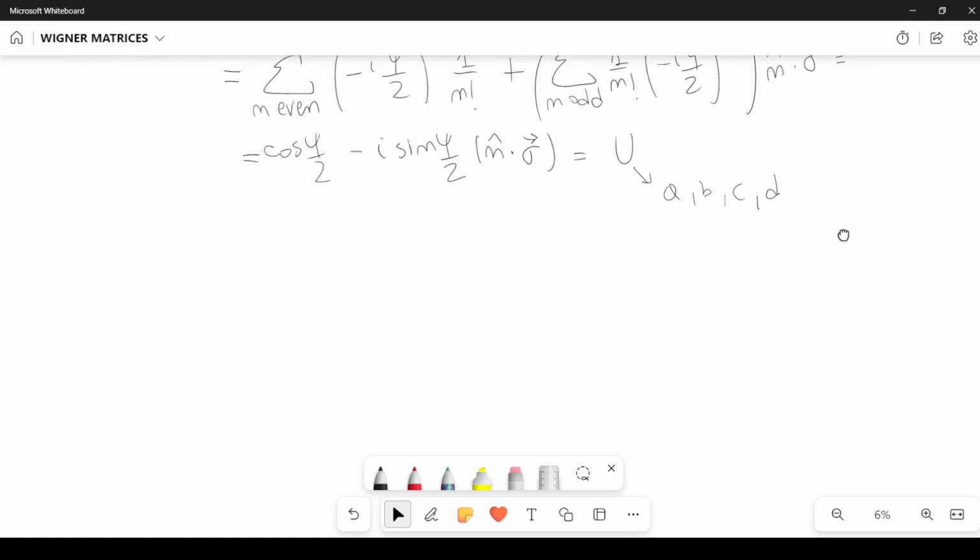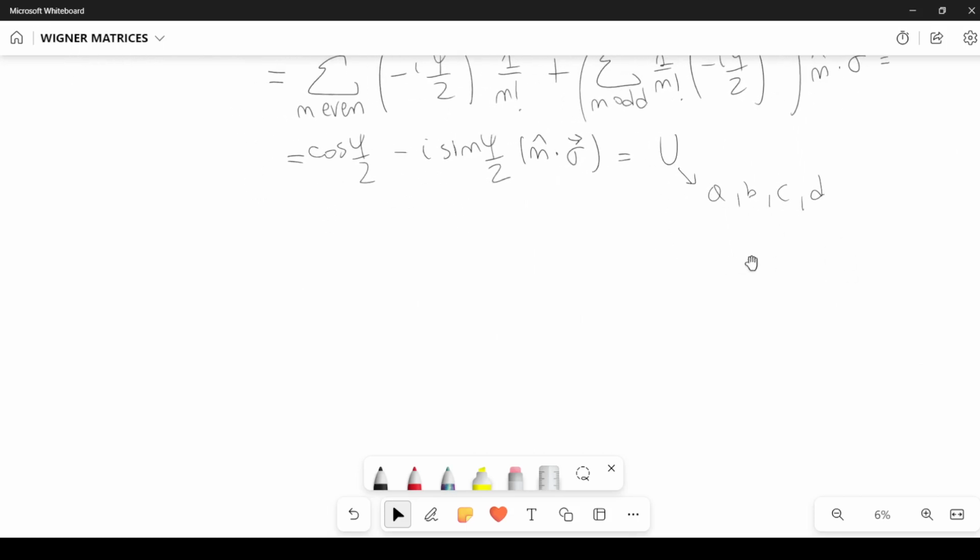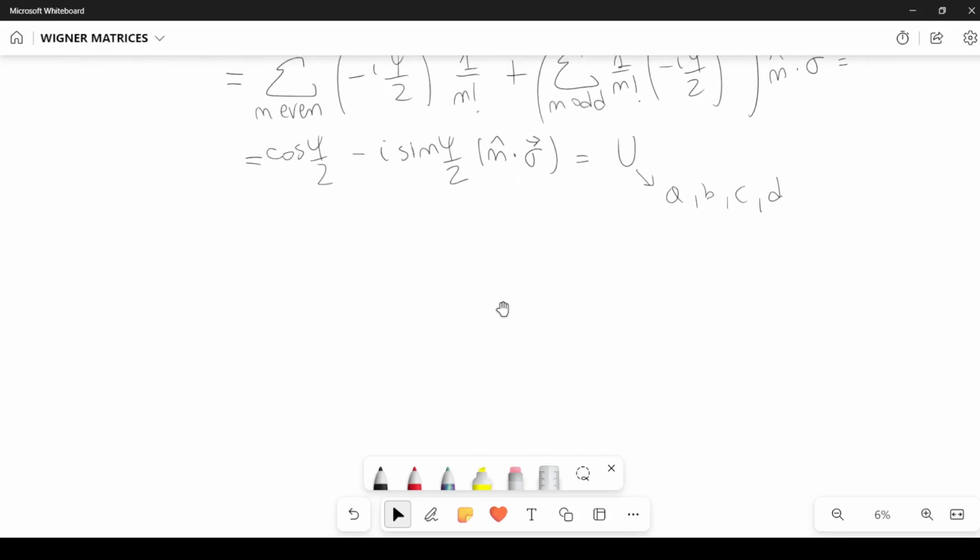Another way to write Wigner matrices, which is actually probably the most common, is to write U in terms of the so-called Euler angles. In particular, you write U as a product of three rotations. You apply three different rotations.